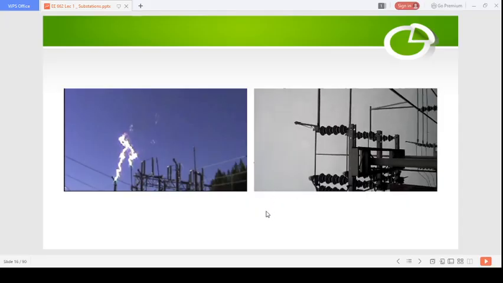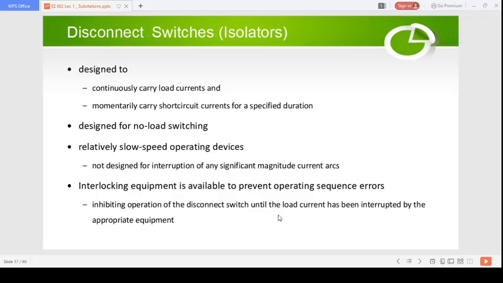How an isolator works. This opening and closing could be either mechanical, manually operated or automated, and we will talk about that.